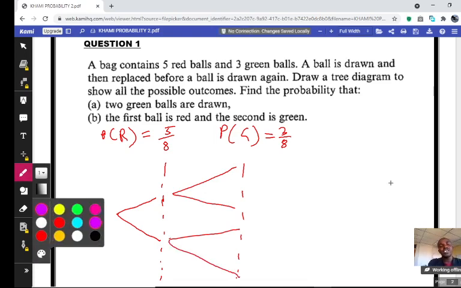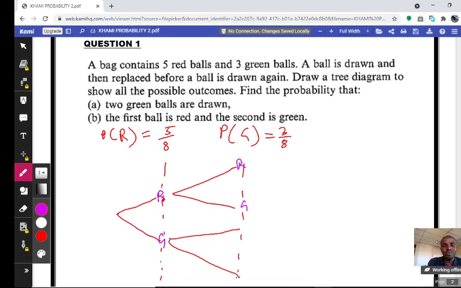On the first part, you can pick either a red first or a green first. Then after picking a red, you can pick another red or you can pick a green instead. Then after picking a green, you can pick a red or another green. So that will be the structure of the tree diagram.